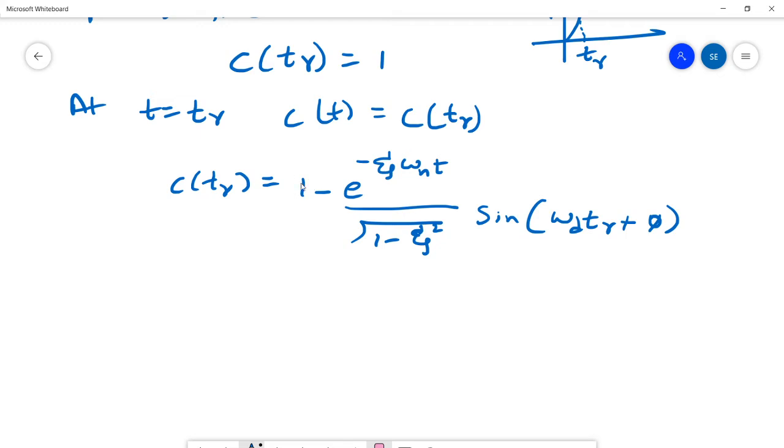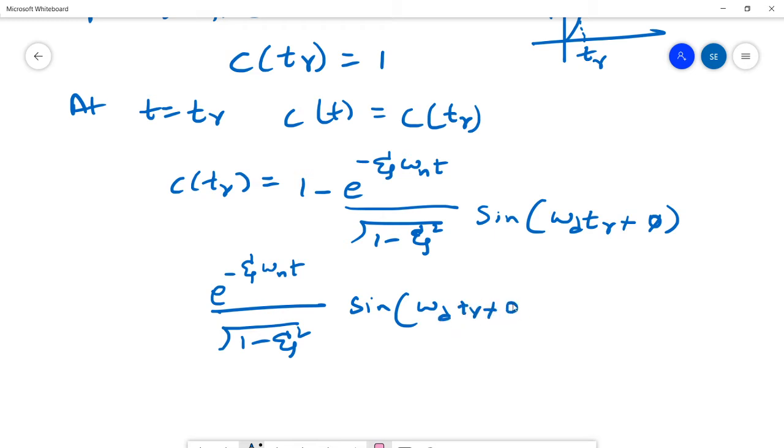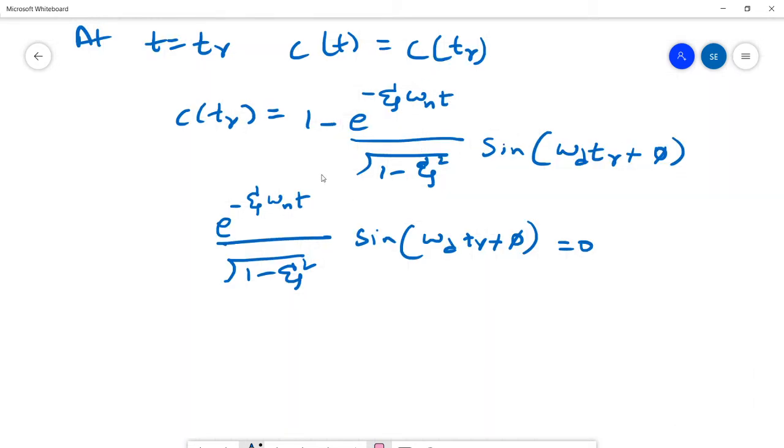The 1 on the left side and the 1 on the right side get cancelled out, and what remains is e power minus zeta omega n t divided by root of 1 minus zeta square, sin of omega d TR plus phi, is equal to 0. So we equate the first expression to 1, the 1s cancel out, and the leftover term is this one.